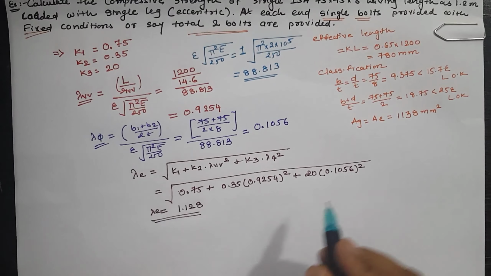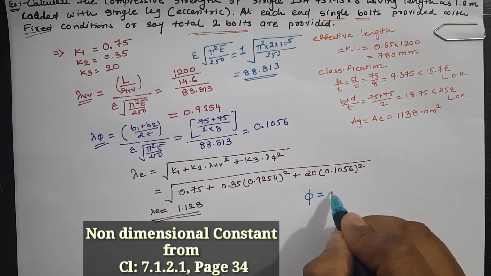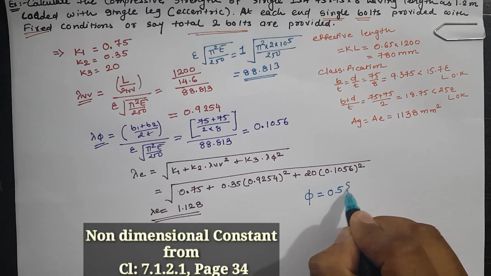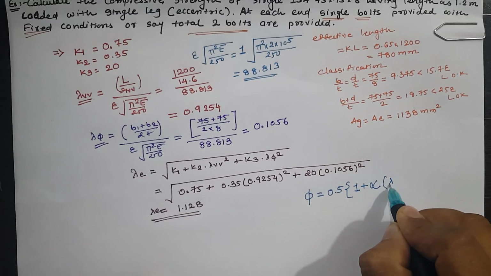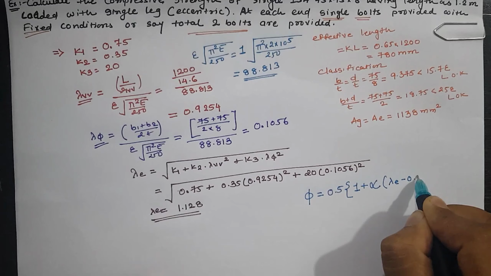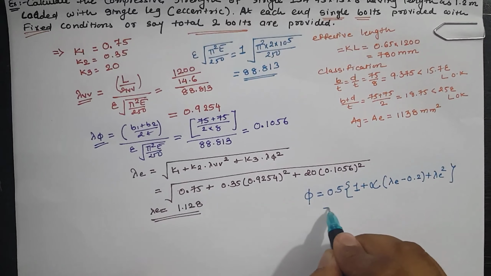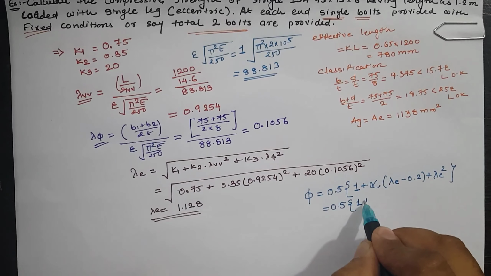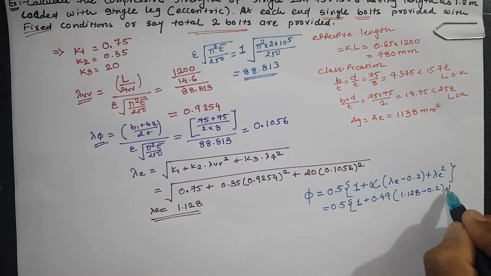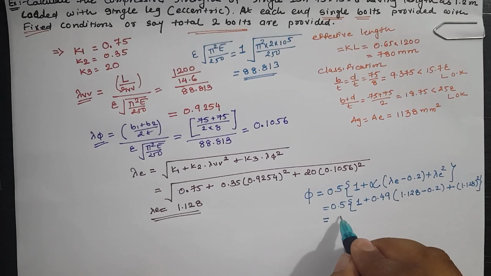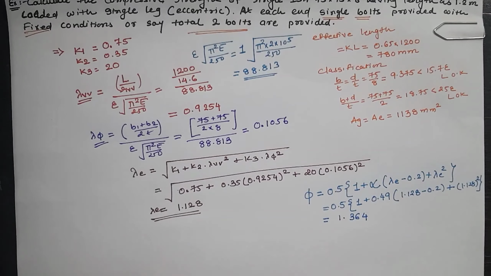After getting lambda E, we have phi is equal to 0.5 into 1 plus alpha into lambda minus 0.2 plus lambda square. We get phi equal to 1.364.